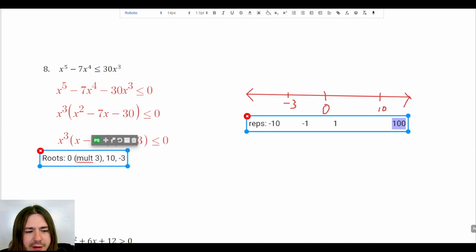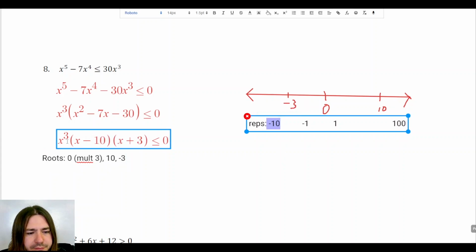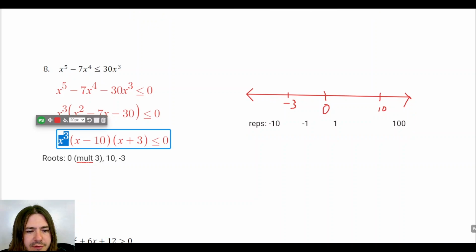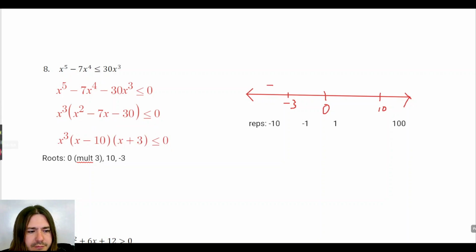Okay, let's plug these in. We'll start with negative 10. That gives me a negative times a negative times a negative, so that will be negative. Between negative 3 and 0, I chose negative 1 as a representative.